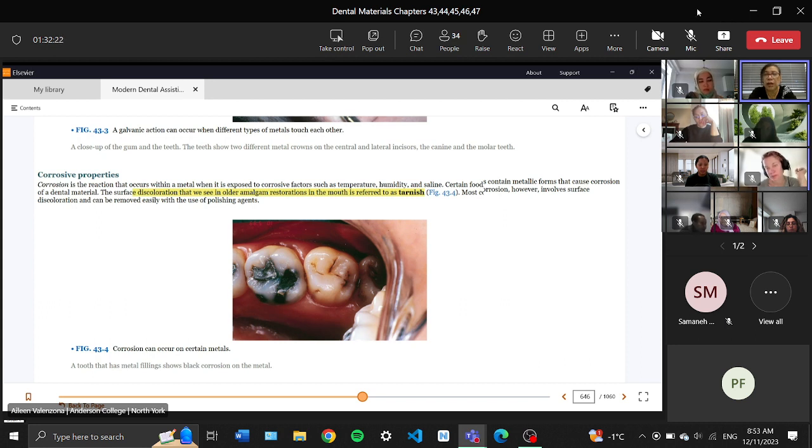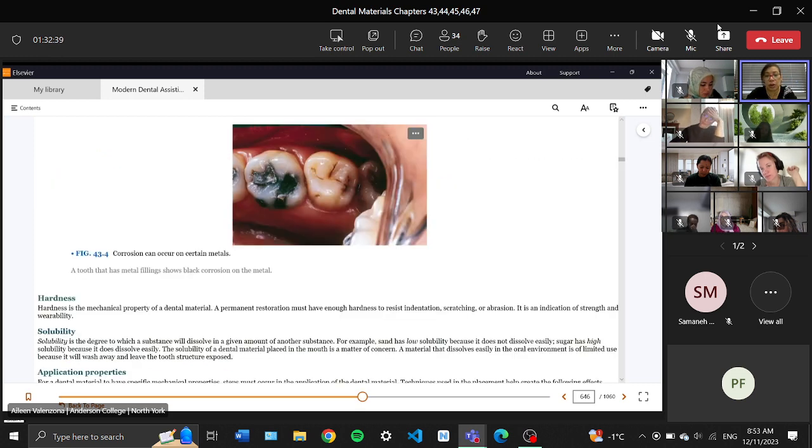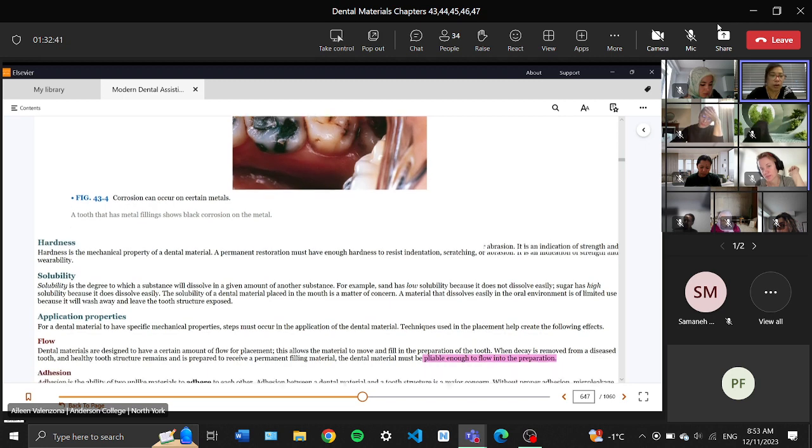Again, class 2 is only for posterior teeth that will involve mesial or distal or both. Meaning it is always occlusodistal, occlusomesial, mesio-occlusodistal. So that is class 2. Class 1 is only occlusal, buccal, or lingual.